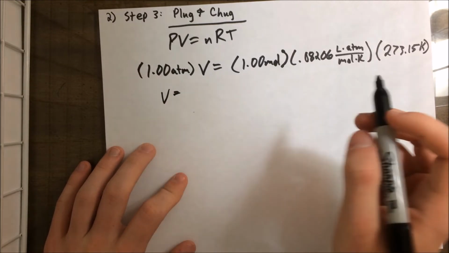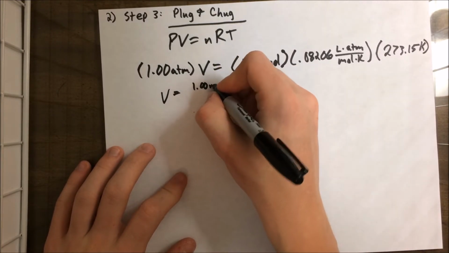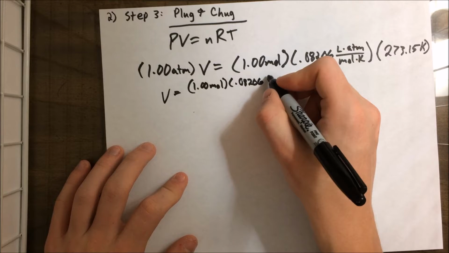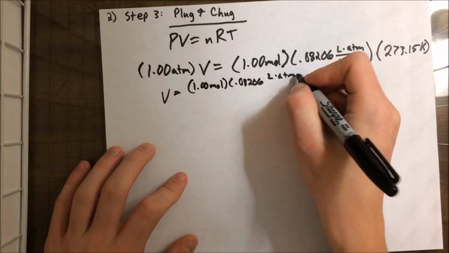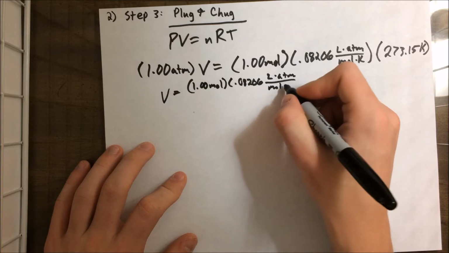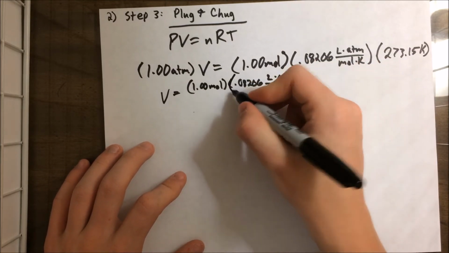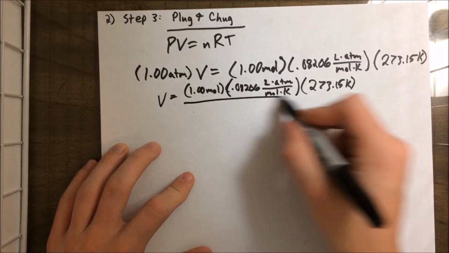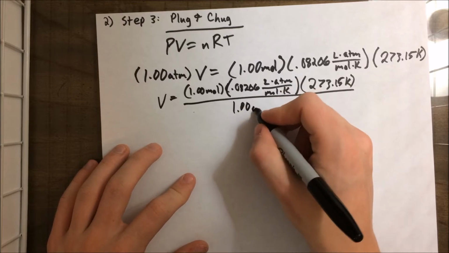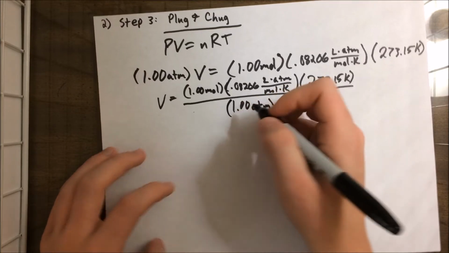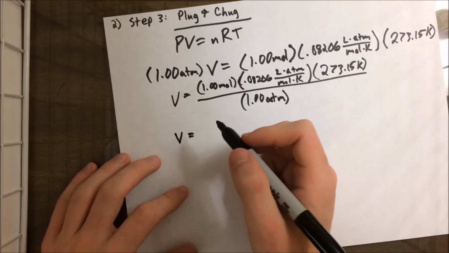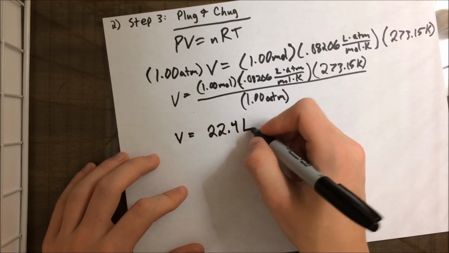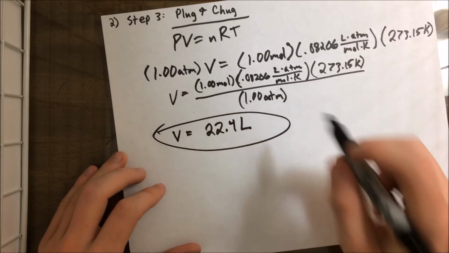So then the volume is going to be equal to 1.00 moles times 0.08206 liters times atm over moles times Kelvin, and then multiply that by 273.15 Kelvin, all divided by 1 atm. And then plug that into a calculator, and you will get 22.4 liters. So that's your final answer, because that is correct sig figs.